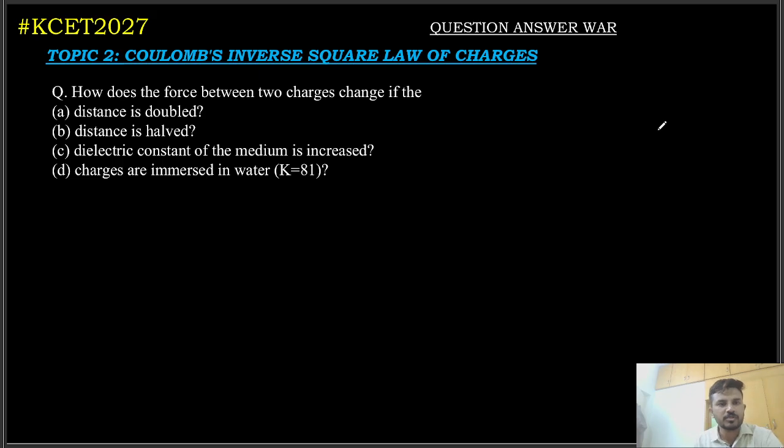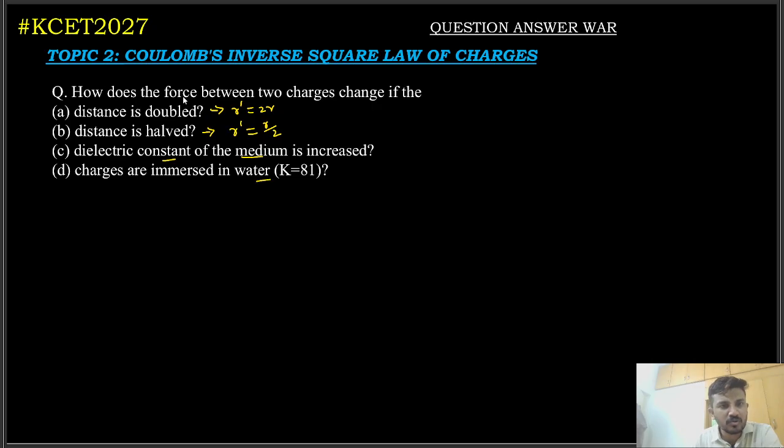So next we have some questions based on this. Let us solve. How does the force between two point charges change if the distance is doubled? So here R dash becomes 2 times R. Here the distance is halved, that is R dash is R by 2. Here the dielectric constant is increased. Then the charges are immersed in water.